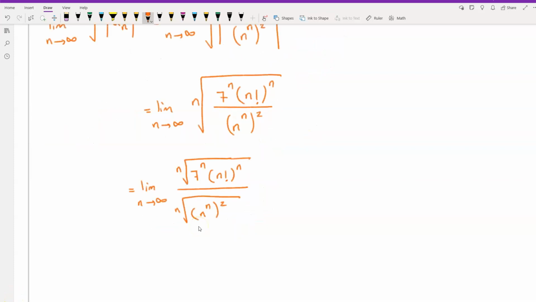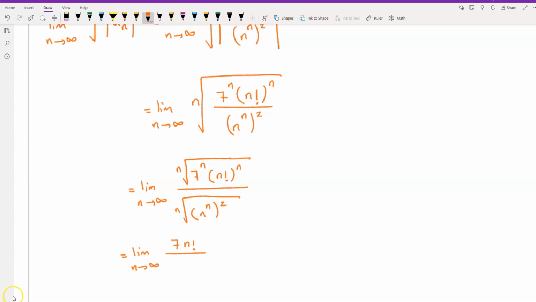In the numerator we have the nth root of 7 to the n power times n factorial to the n power, and in the denominator we have the nth root of n to the n power squared. So here we can cancel radicals.